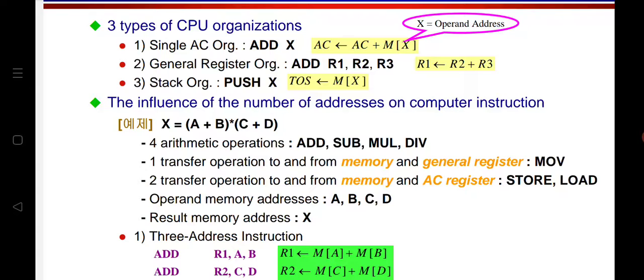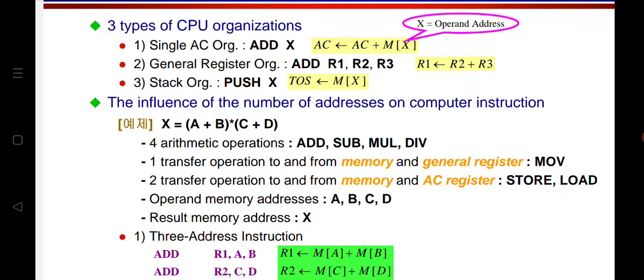Later on, we pushed the data into the stack memory and performed the operation on the stack memory. Doing that is your stack organization. So in general, the CPU organizations are of three types: single accumulator organization, general register organization, and stack organization.